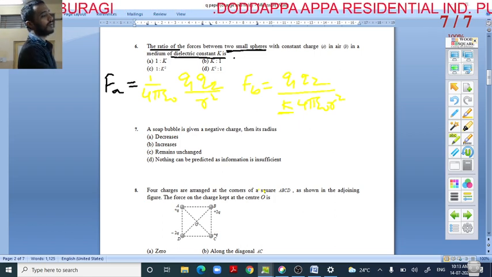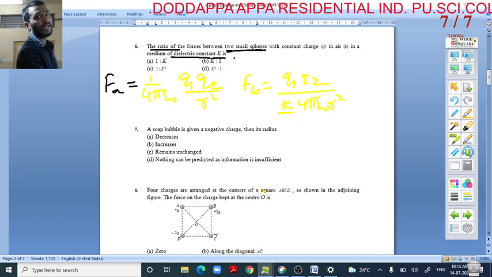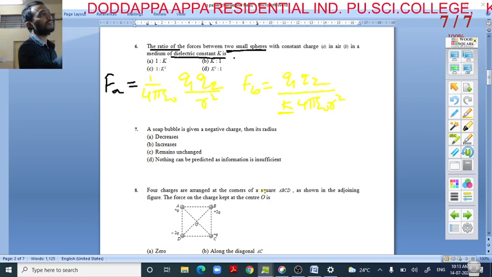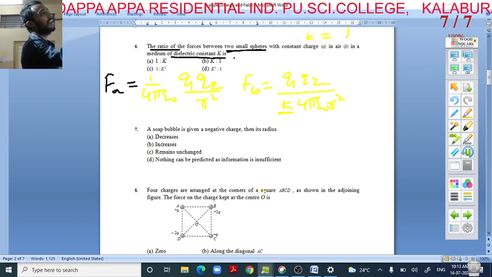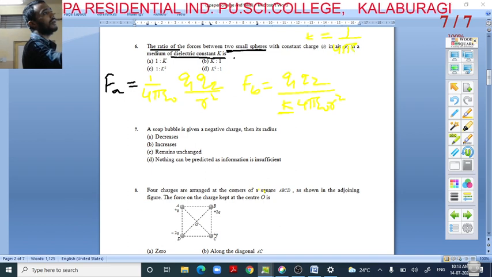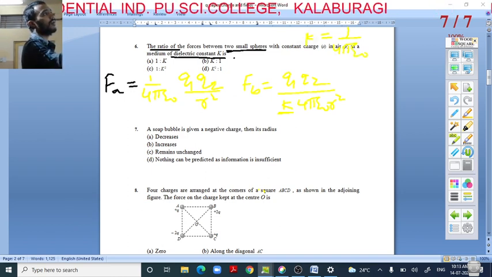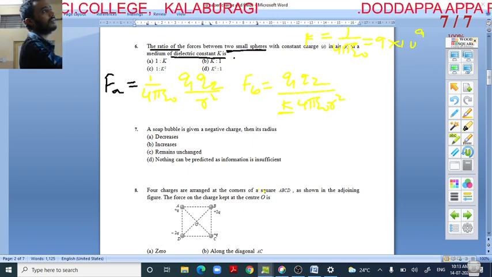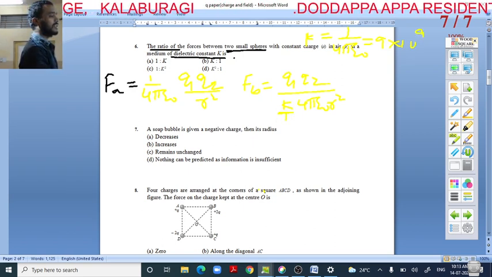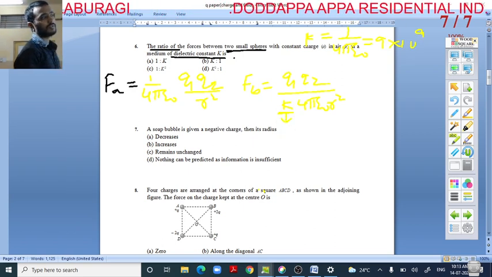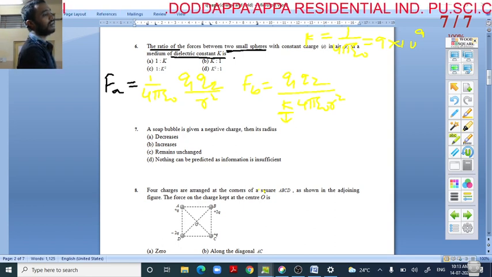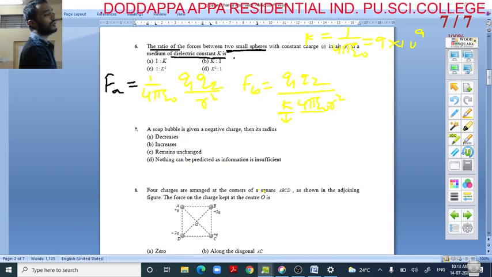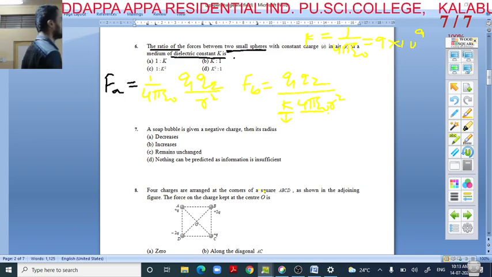That 1 by 4 pi epsilon naught as it is, that is nothing but k only. This k value is 1 by 4 pi epsilon, which we call k, and this value is 9 into 10 to the power 9. And here this k stands for dielectric constant. That 1 by 4 pi epsilon I have kept as it is here, q1 q2 divided by r square. Okay.